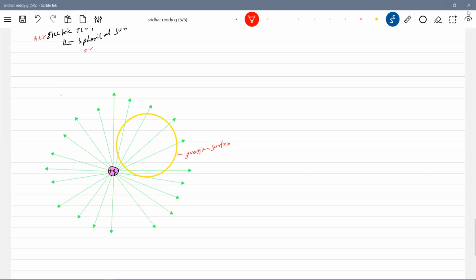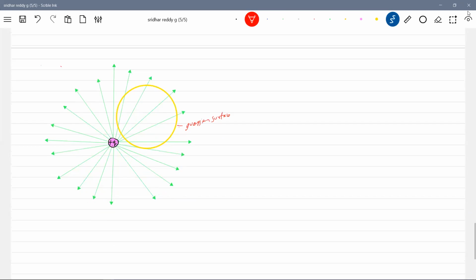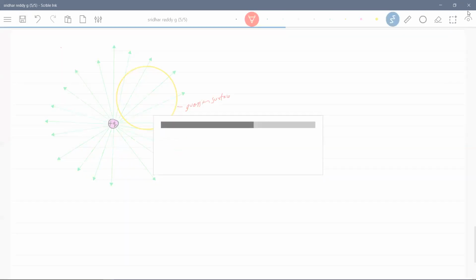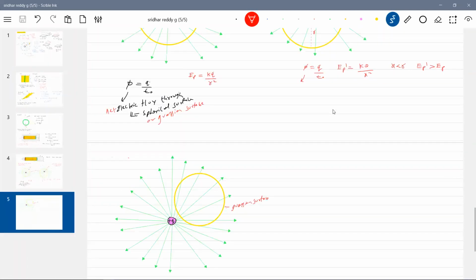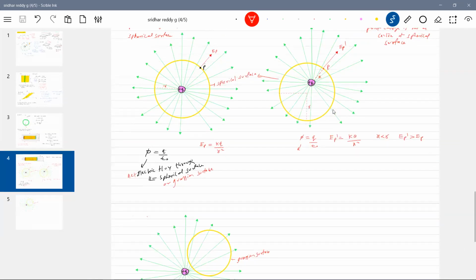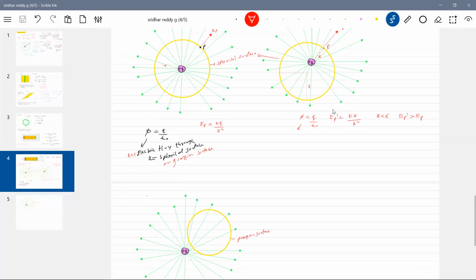Spherical surface or Gaussian surface? Both are same. I'll bring both the diagrams so that it'll be easy for you. I think you are able to see the complete. Compare this and answer it now.